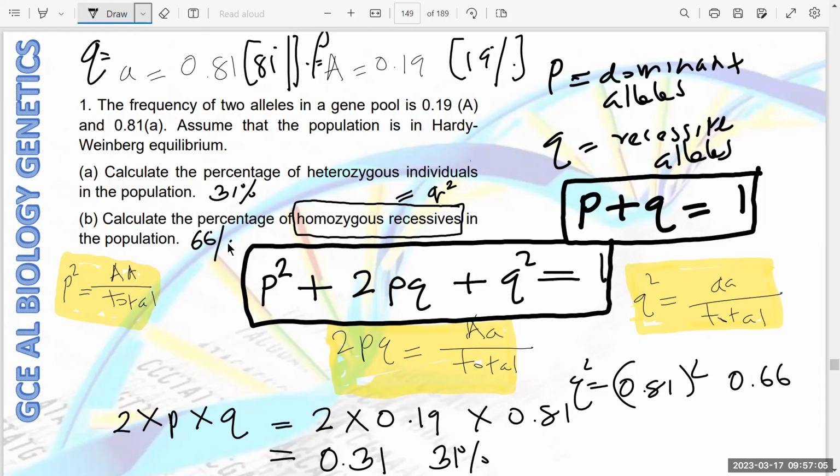Most of the calculations come into a fixed frame. That means there are not many different types of calculations. They are always more fixed. So that's important to remember. What is p squared? What is 2pq? What is q squared?